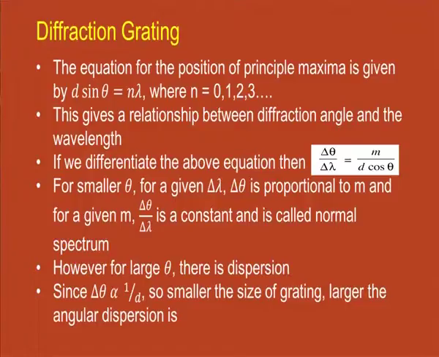However, for large theta there is dispersion. Since delta theta is proportional to 1 by d, the smaller the grating spacing, the larger the angular dispersion. Now, we will discuss the resolving power of a grating.